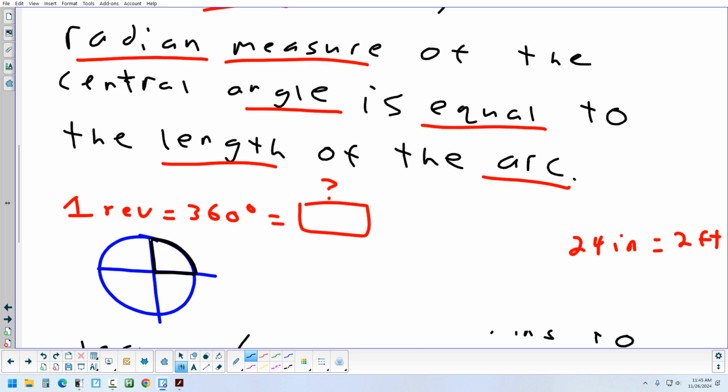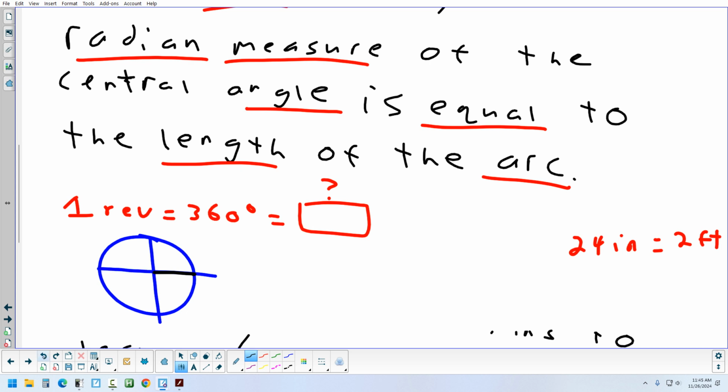Yep, a quarter of it. So a quarter circle corresponds to a 90-degree arc. How about if I put my terminal side there? How big of an angle have I just created? Yep, 180. And how much of the circle does the arc take up now? It takes up half.